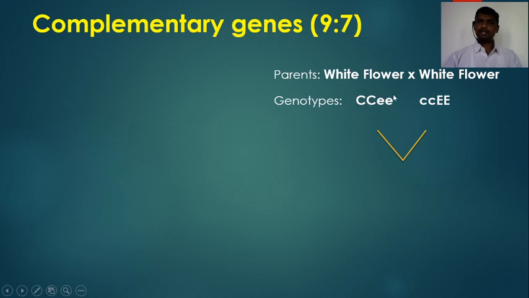When both the dominant alleles are present in the parent, then we say that parent is able to produce the colored flower. But here the parents used for the cross have white flowers because each has only a single dominant gene.